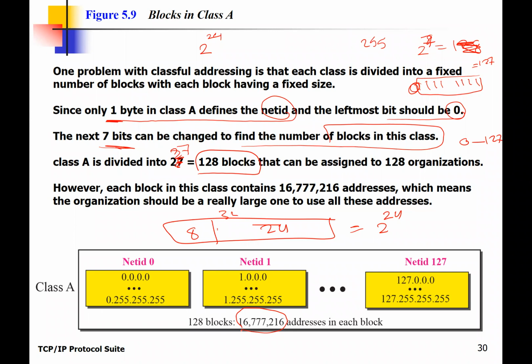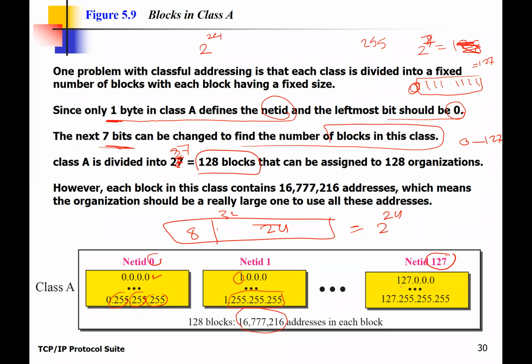So in class A, how many blocks will I have? How many networks will I have? From 0 to 127 networks. The first network's IP address starts with 0.0.0.0 and ends with 0.255.255.255. Okay. The second block is 1 and ends with 1.255.255.255.